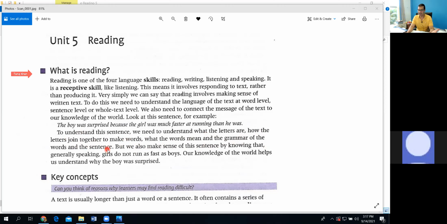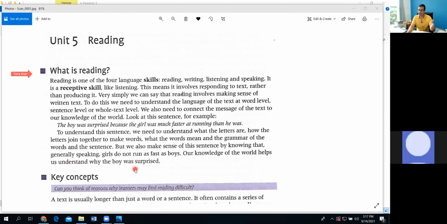We need to understand the connection between the words through grammar rules. But we also make sense of this sentence by knowing that, generally speaking, girls do not run as fast as boys. Our knowledge of the world helps us understand why the boy was surprised.